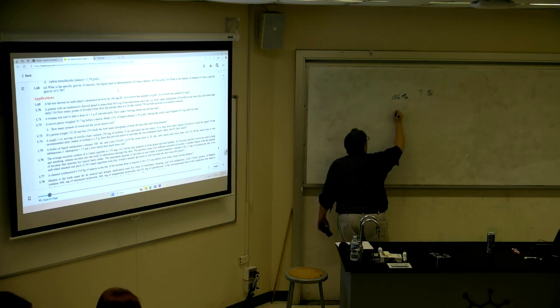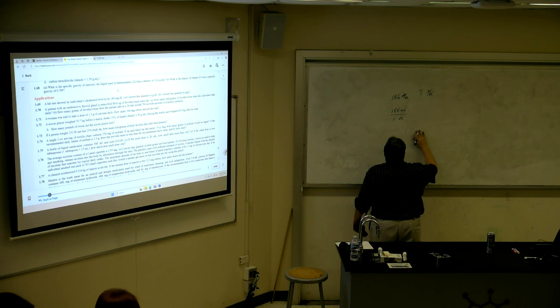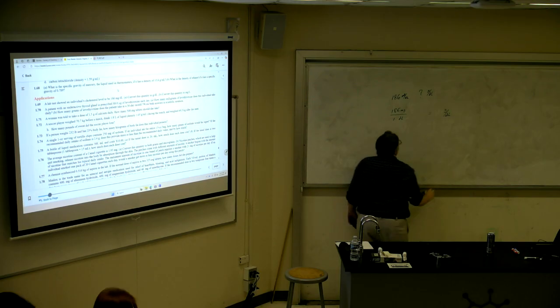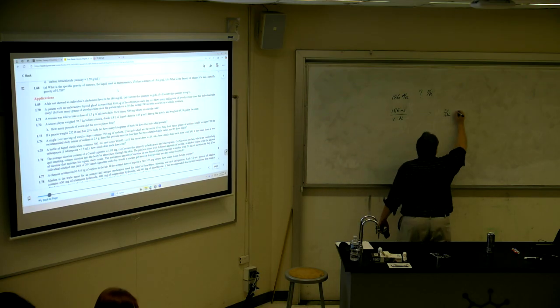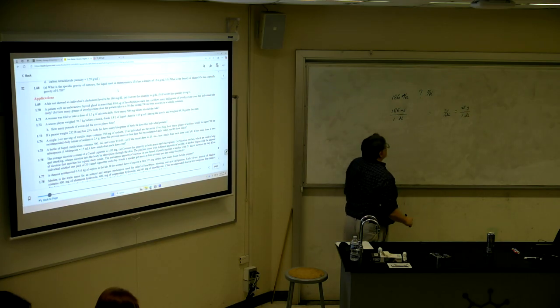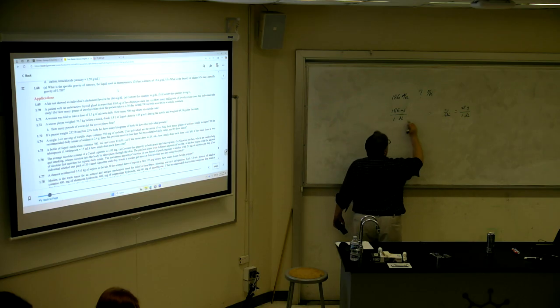And like I said before, write down 186 milligrams over 1 deciliter. We have to put something here and then equal. We need to end on grams per deciliter. Another way of saying some number of grams per 1 deciliter.